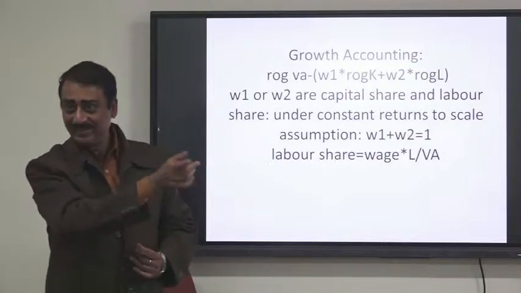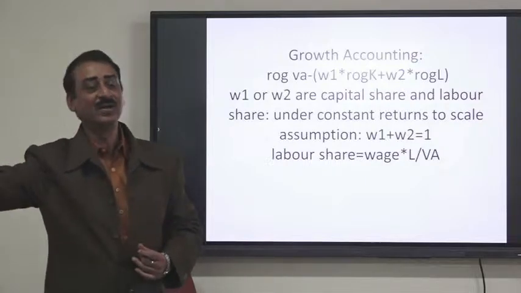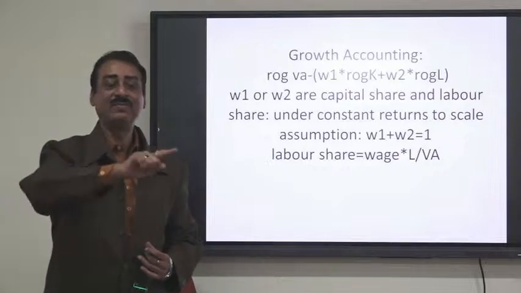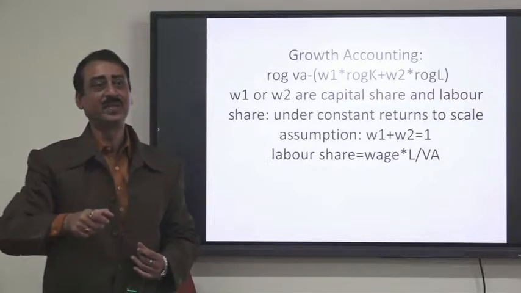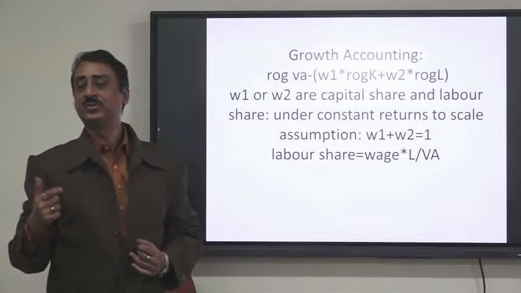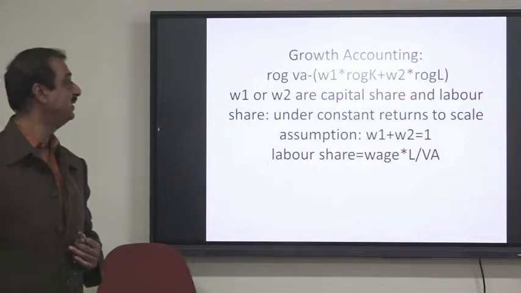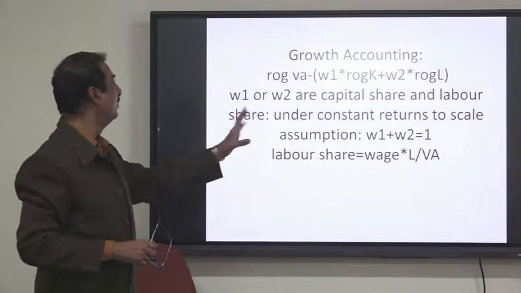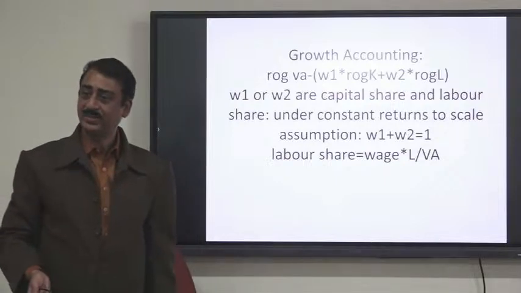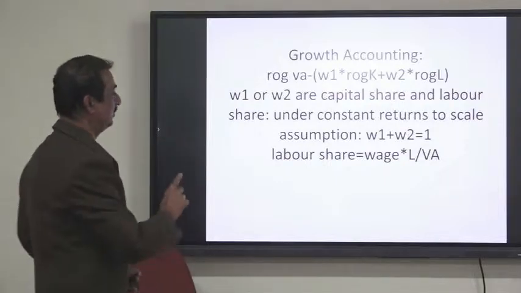If you divide both sides by value added, on the right-hand side you get 1, and on the left-hand side you have the share of labor and the share of capital. The share of labor is easy to calculate. Once you do that, automatically 1 minus the share of labor will be equal to the share of capital. So you do that.